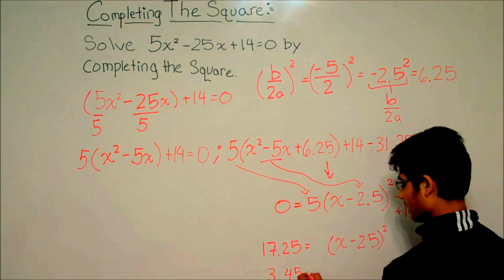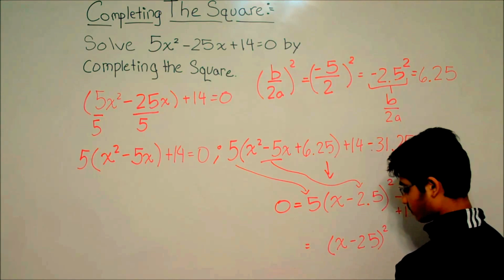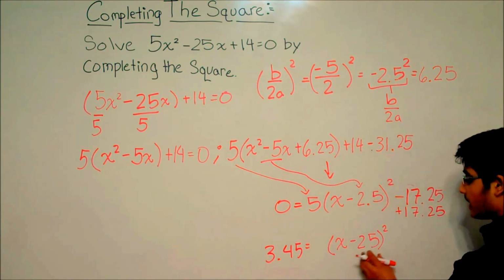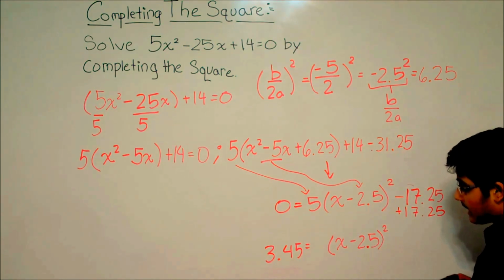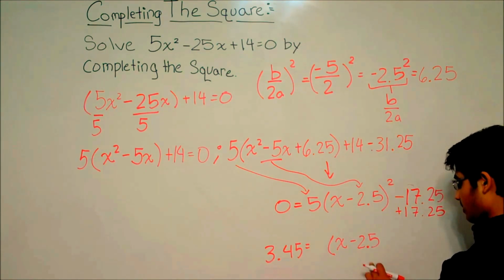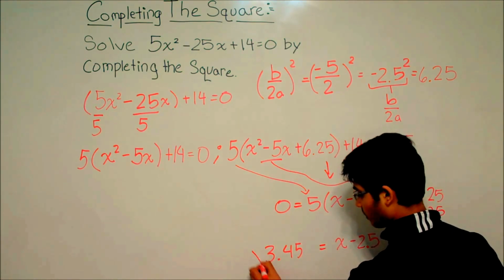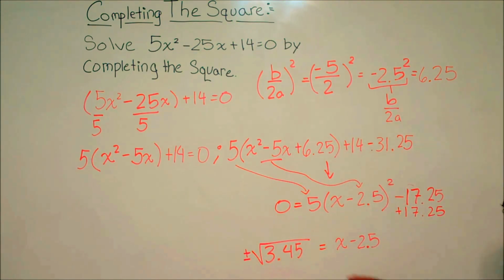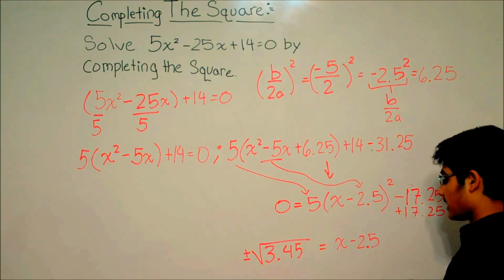3.45 is equal to x minus 2.5, squared. Now the next part is we have to find the square root of both sides to get rid of the squared symbol here. So this becomes plus or minus the square root of 3.45 equals x minus 2.5. So now to get x by itself, we have to add 2.5 to both sides.